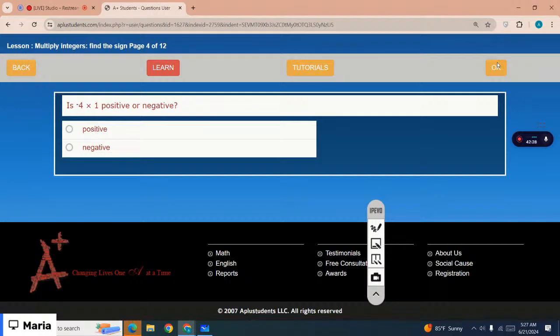One of the numbers is negative, so the answer must be negative.